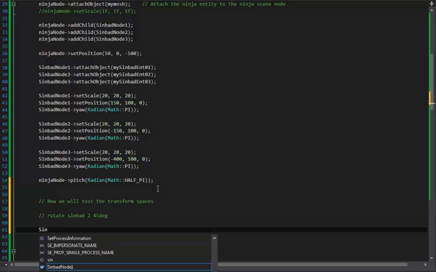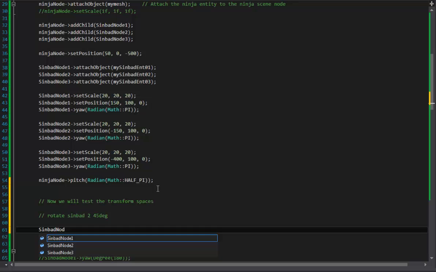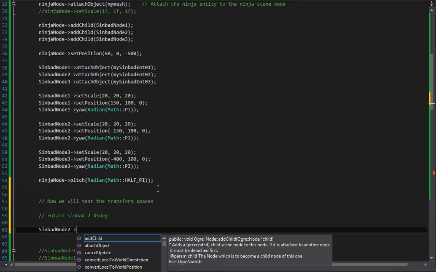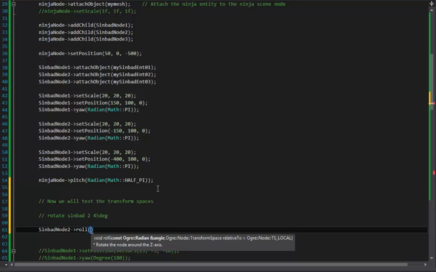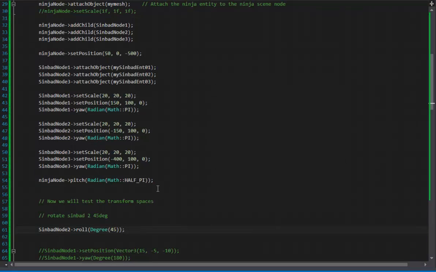So Sinbad node 2, I'm going to take it. Now this is a little tricky. I want it to run along its z-axis. So let's actually experiment with it. So we will do the roll of it for 45 degrees, and let's see which direction it moved.